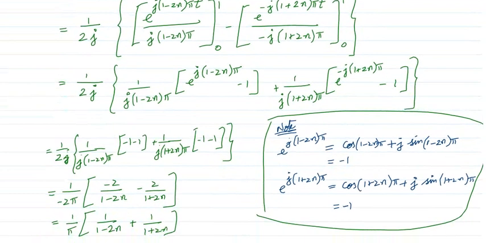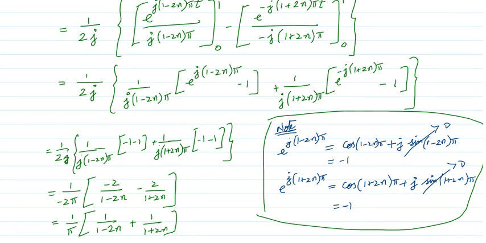Similarly for this value also it will become minus 1. I request you to solve on your own why this sine term is 0. Cos (1 minus 2n) pi is minus 1, and similarly cos (1 plus 2n) pi is equal to minus 1. Whatever values of n you put, this will become odd multiples of pi.